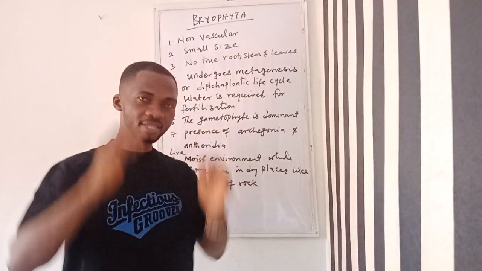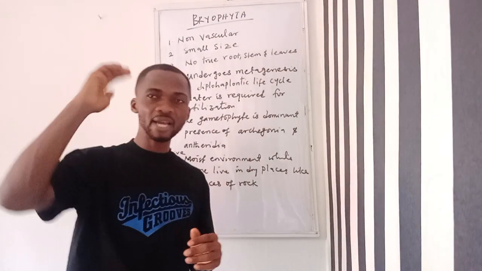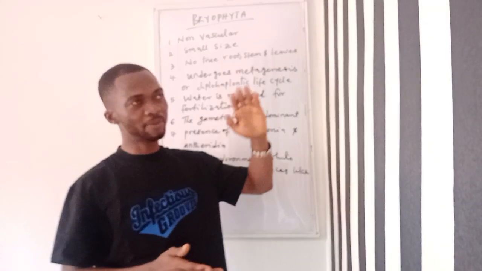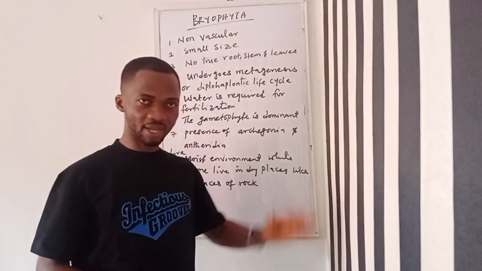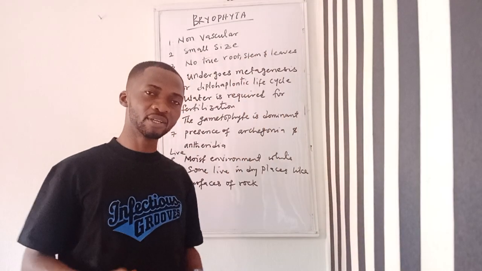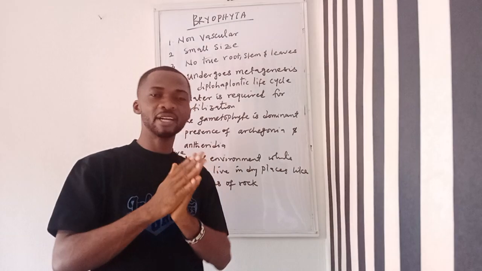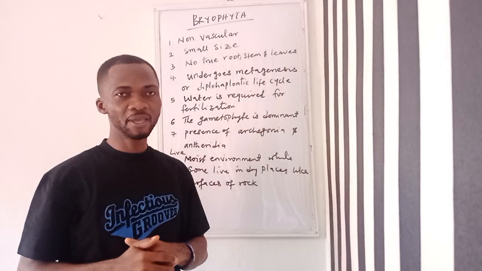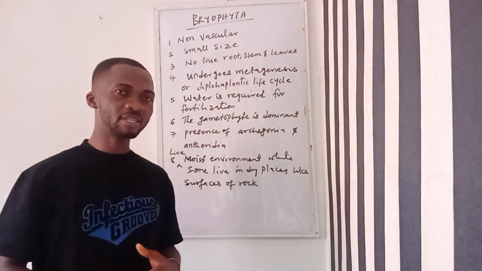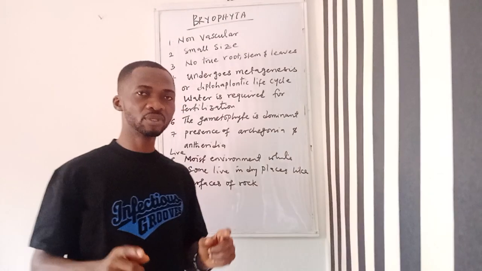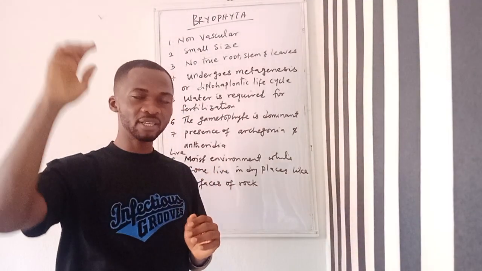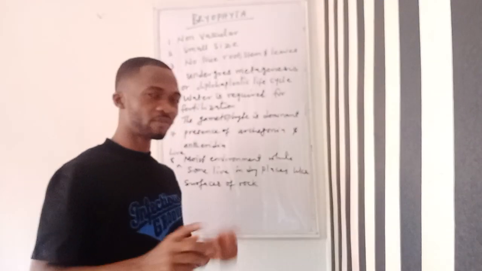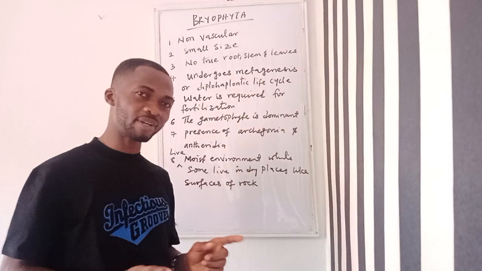So after Schizophyta and Talophyta, you now have Bryophyta at the middle before you talk about Pteridophyta and Spermatophyta. And that is why I made this statement that they occupy an intermediate position between higher algae and lower pteridophytes or Pteridophyta. Of course, there's a difference between Pteridophyta and Pteridophyte.